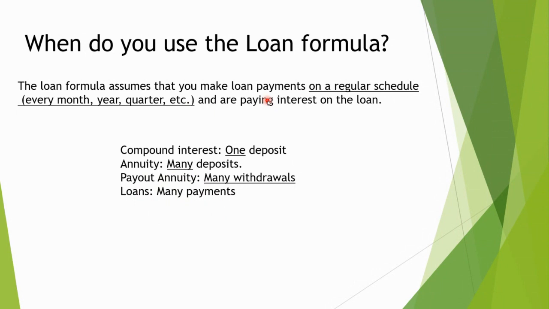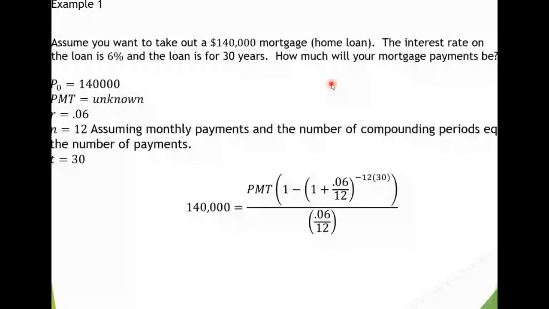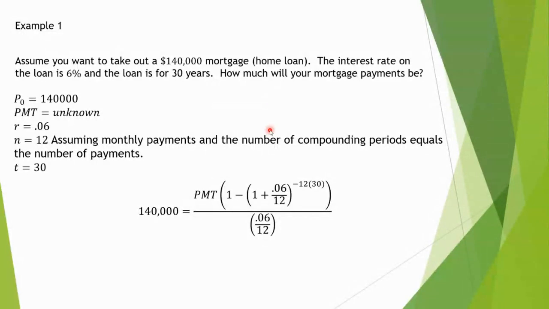Let's do our first example here. So let's say you want to take out a $140,000 mortgage. A mortgage is really just a loan that you get from a bank, let's say, to buy a house. Okay, that's just to know what a mortgage is.